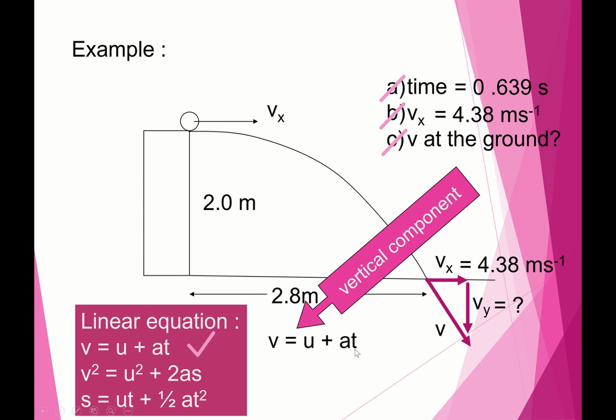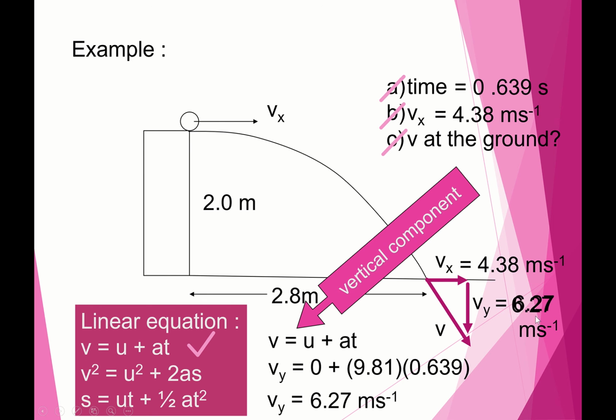Then a is 9.81 for the vertical component, and the time taken was calculated in question A. Now we substitute all the values. Vy equals 0 plus 9.81 times 0.639. The answer for Vy is 6.27 meters per second.